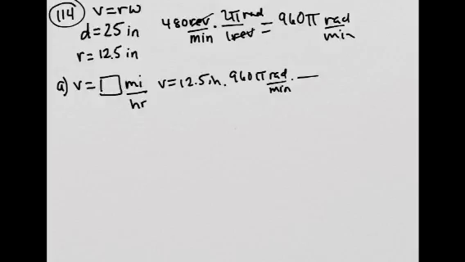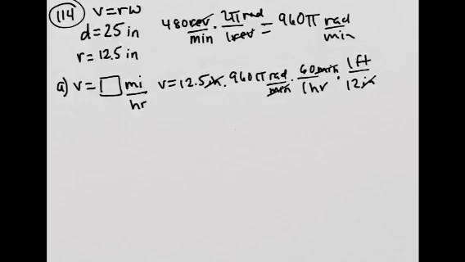So 60 minutes is 1 hour, so minutes cancel minutes, and then 12 inches, I'm going to convert inches to miles, is 1 foot, so inches and inches cancel. And then, let's see if I can fit a little bit more. No, it doesn't move. Well, I'll squeeze it here.